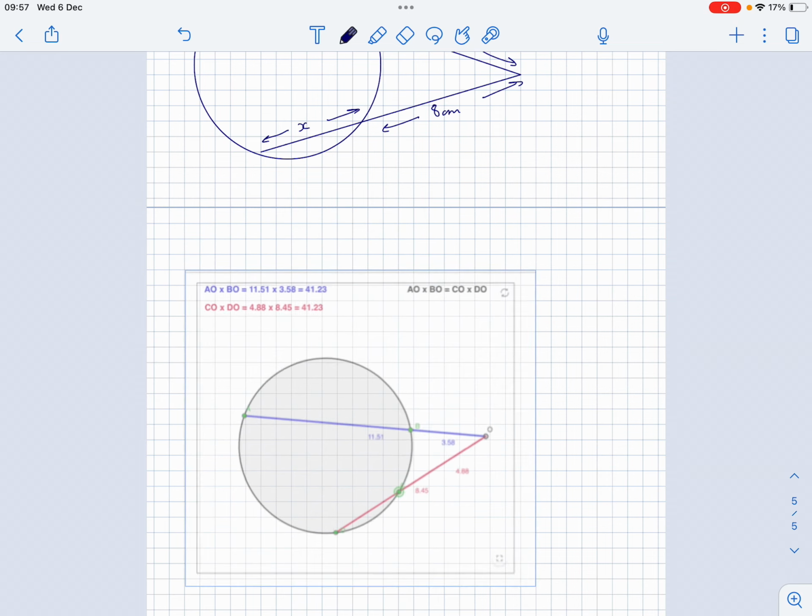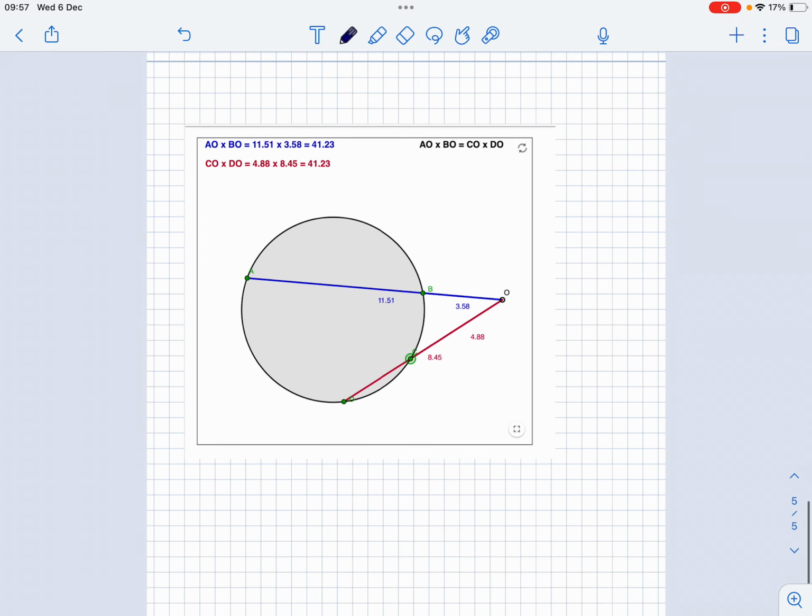So we've still got the same circle theorem, but now, because the intersection is outside of the circle, we have to do the whole length multiplied by the distance to the intersection of the circumference.